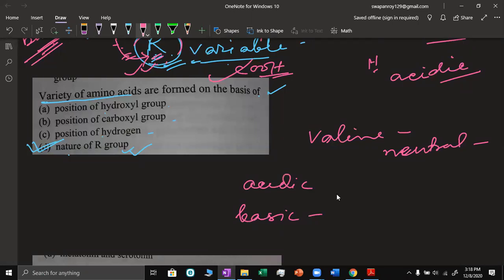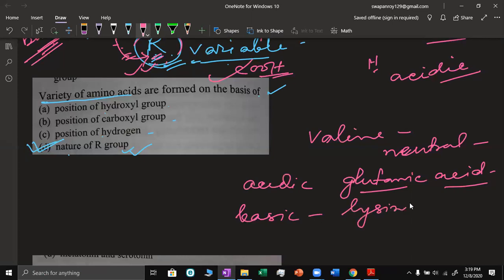Say acidic like glutamic acid. You have to remember some names. These need not a lot of explanation. The glutamic acid, the lysine, this is basic, and valine is neutral.